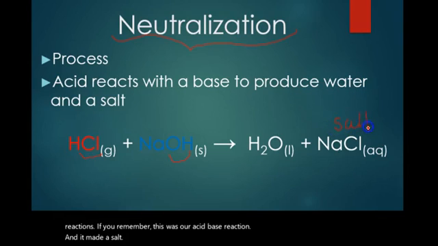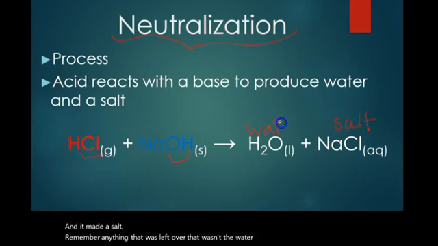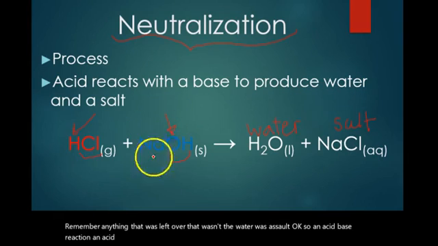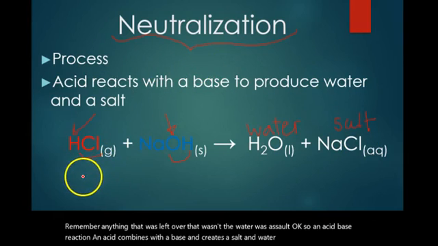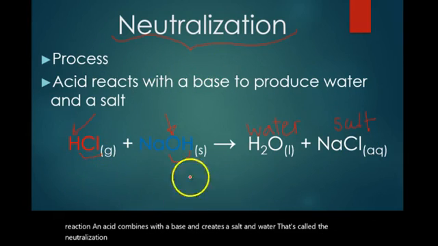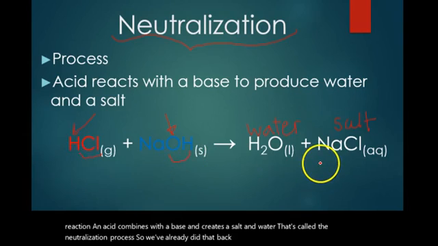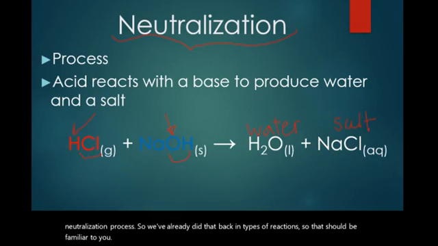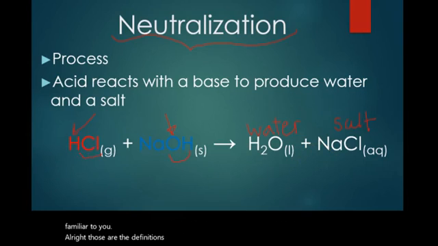Remember, anything that was left over that wasn't the water was a salt. Okay, so in an acid-base reaction, an acid combines with a base and creates a salt and water. That's called the neutralization process. So we've already did that back in types of reactions, so that should be familiar to you. All right, those are the definitions of acids and bases.